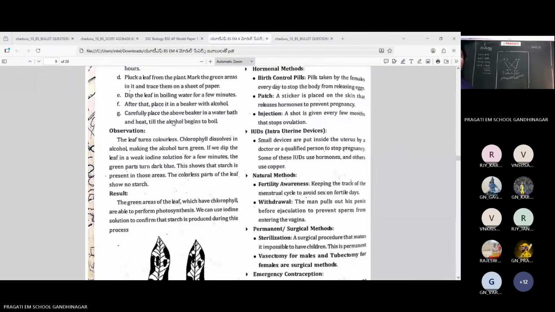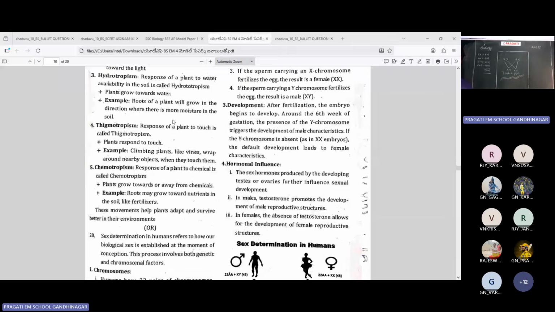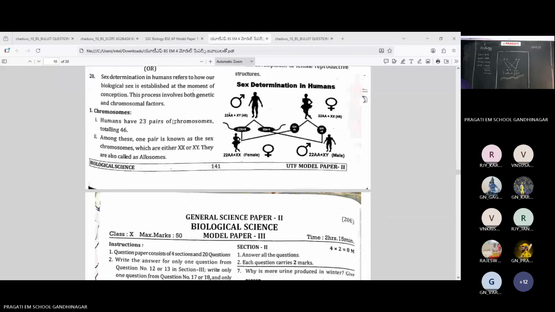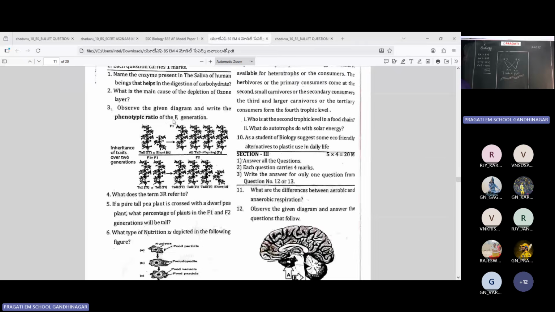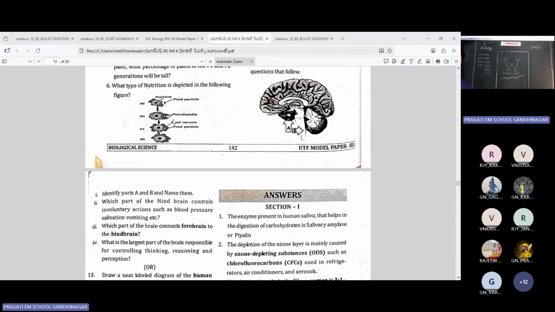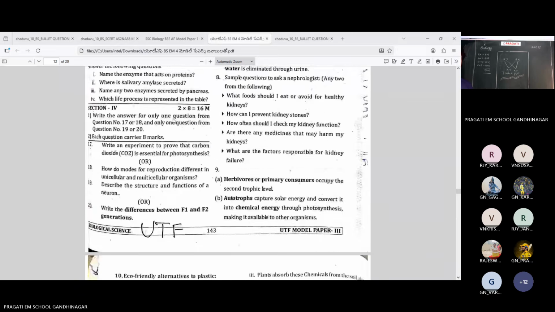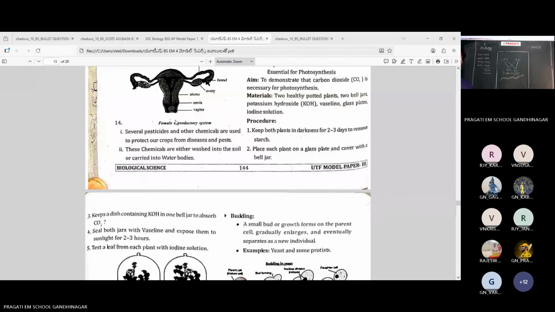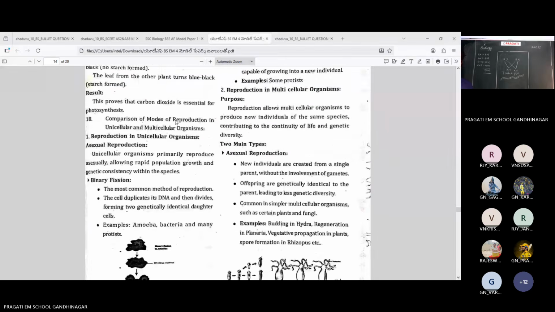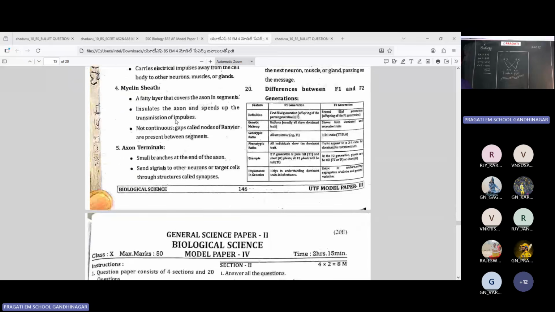Please read these questions also, same repeated questions, but how the questions are asked in these papers. Just understand the question. And this is the last paper which I'm representing here.